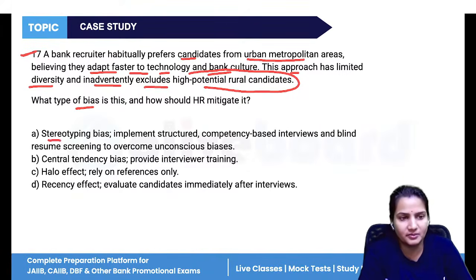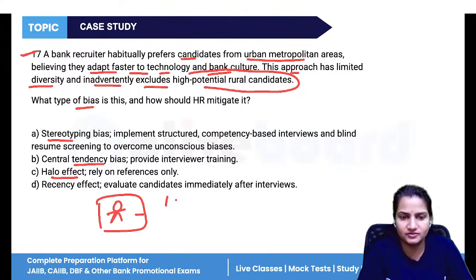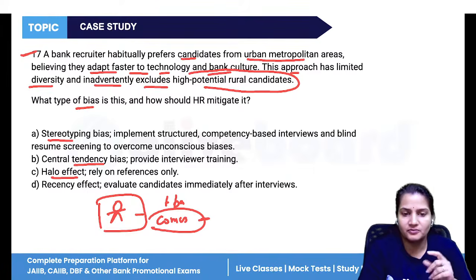So it's stereotype bias, central tendency, halo effect. Halo effect means what? Suppose in this individual, one thing is not good. This individual comes late to the office. Now from this one factor, you are expecting that all other factors are also negative for this individual.